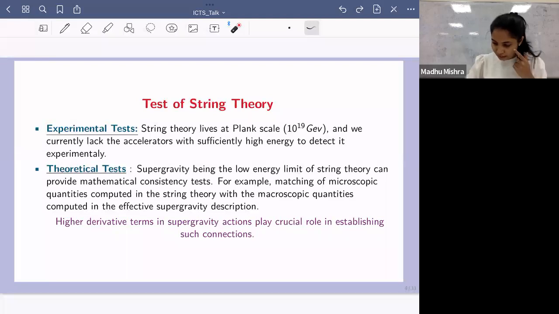One such test is the matching of the microscopic entropy computed in string theory with the macroscopic entropy computed in the effective supergravity description. Therefore, higher derivative terms in the supergravity action, since they provide subleading corrections to the entropy, play a crucial part in establishing such connections.